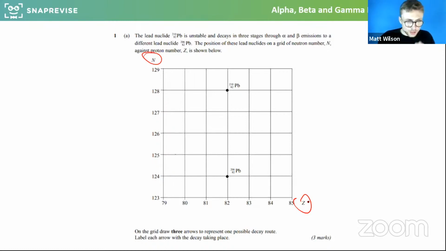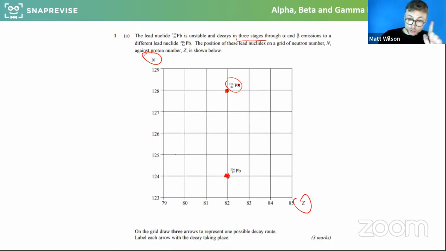Okay, so how does this work? We have to figure out what the different types of decay do to us on this graph. Let's say we start at the top here. They're asking us to come up with 3 decays, which take us to this point here. So first of all, let's figure out what alpha decays do. If this particle goes through an alpha decay, what happens?